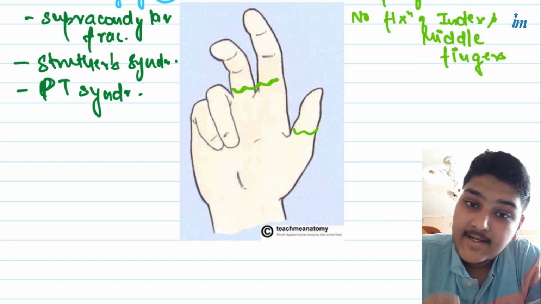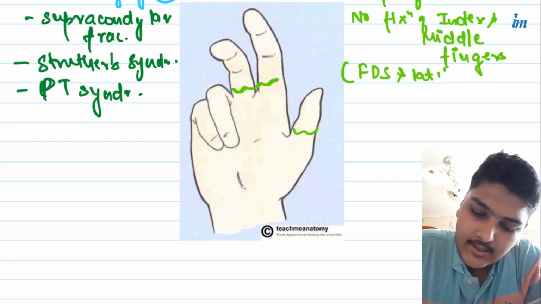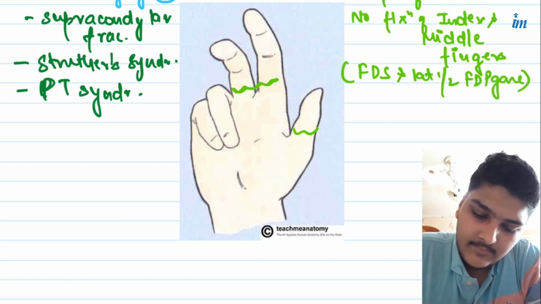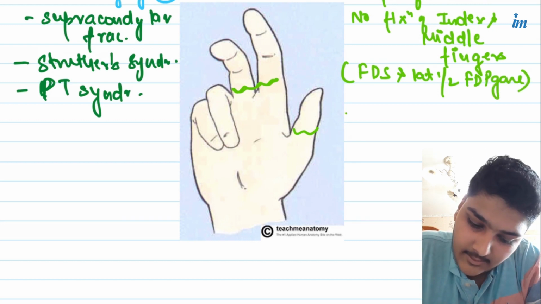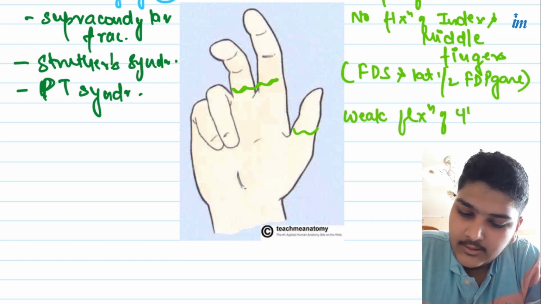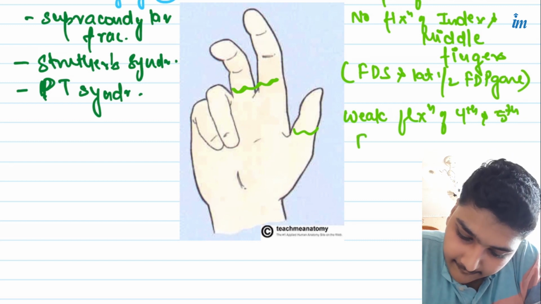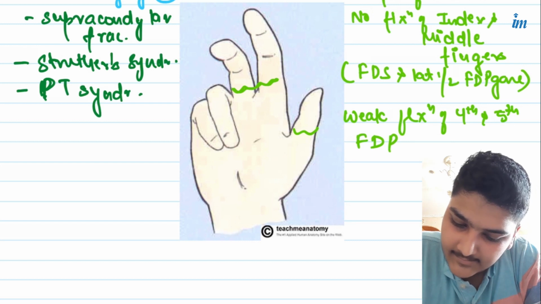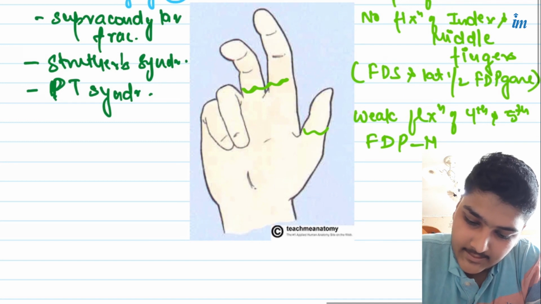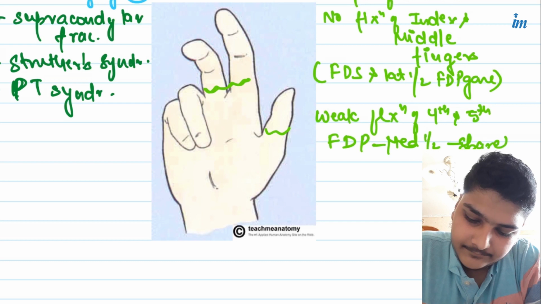Because both flexor digitorum superficialis and the lateral half of flexor digitorum profundus are gone. But the patient will be able to weakly flex. There will be weak flexion of the fourth and fifth digits. Why? Because flexor digitorum profundus, the medial half, is spared.